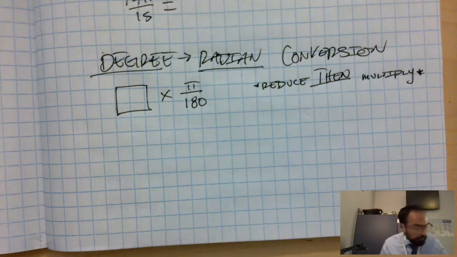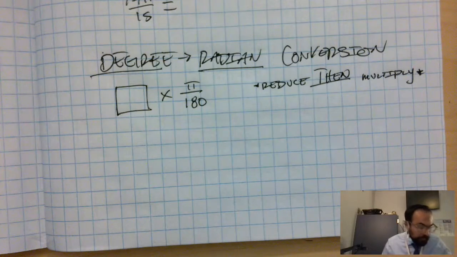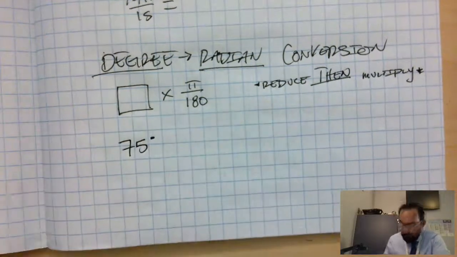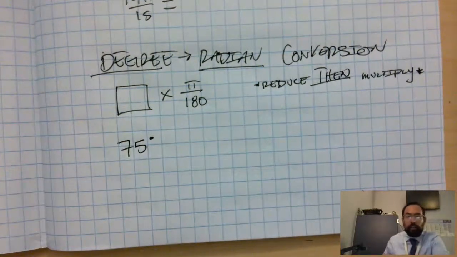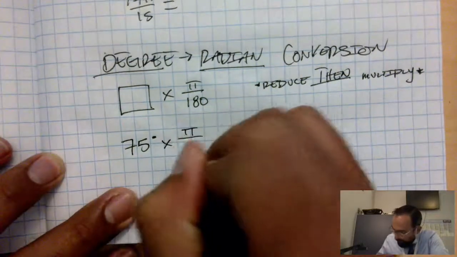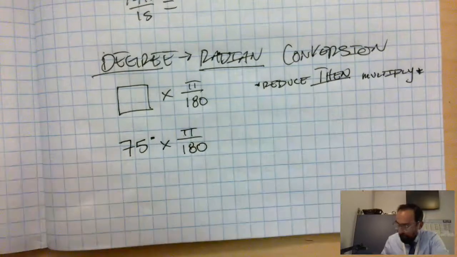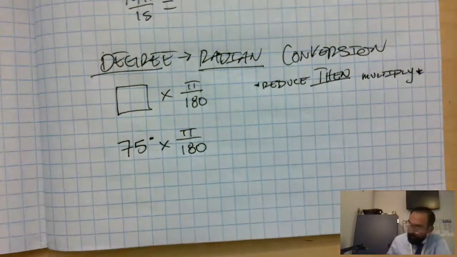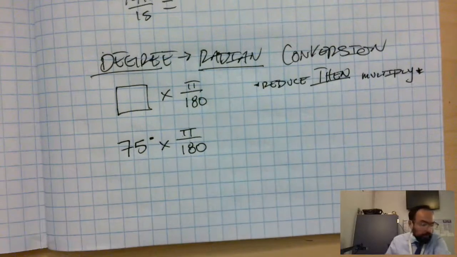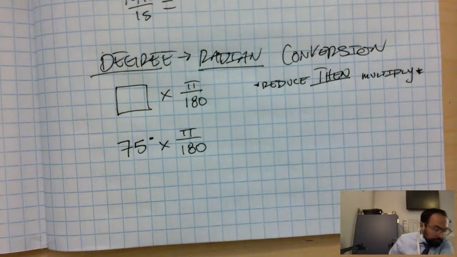Okay? So we're going to go ahead and complete this example. We're going to convert 75 degrees into radians. So to do this, we're going to multiply by that fraction, pi over 180. Remember that before we actually multiply this, we want to reduce the 75 and the 180.